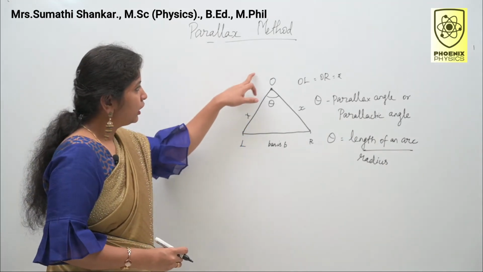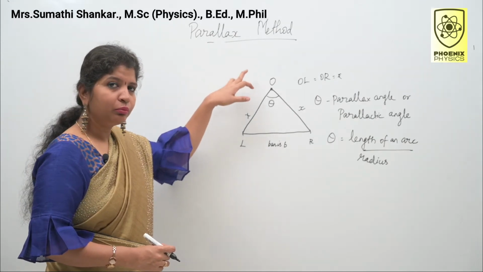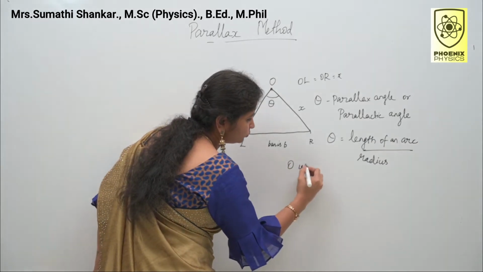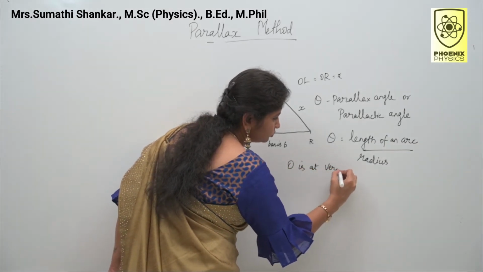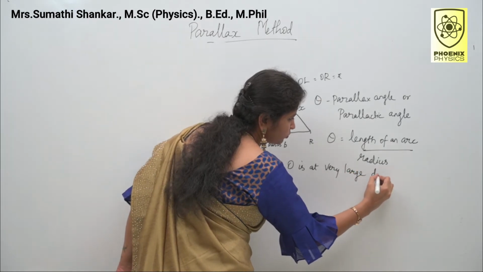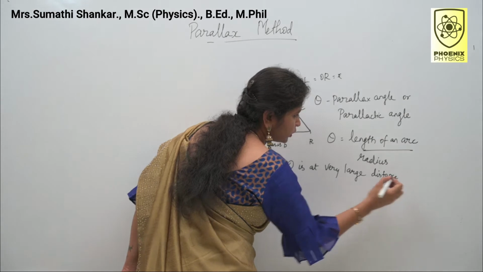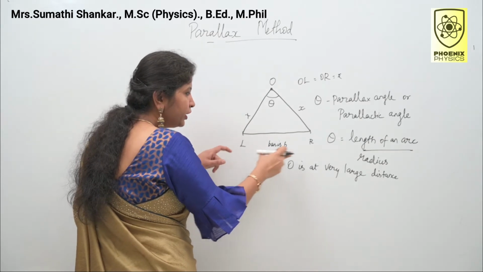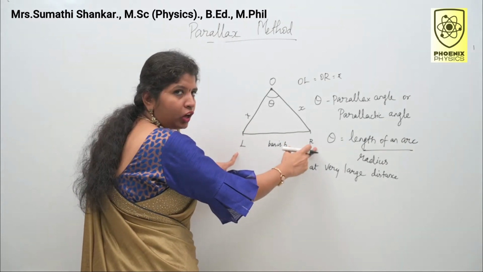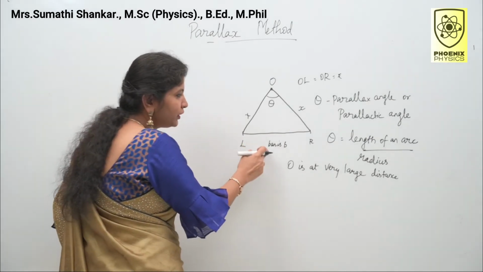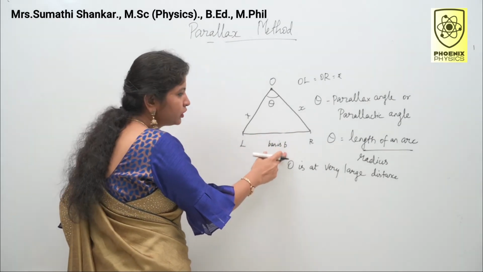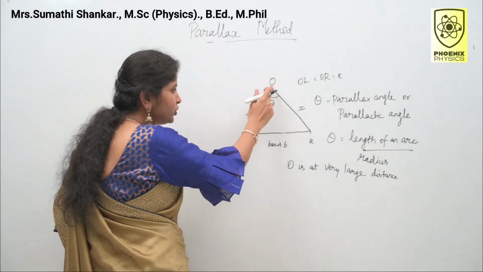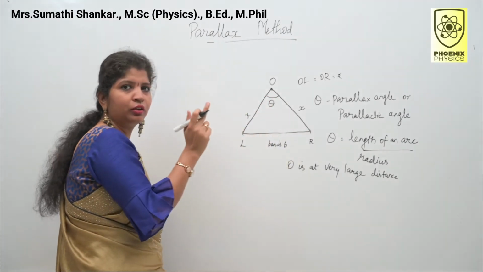Suppose I am taking O at a very large distance. Then we approximately take the distance LR as an arc length B of a circle with center O, and the distances OL and OR are the radius.